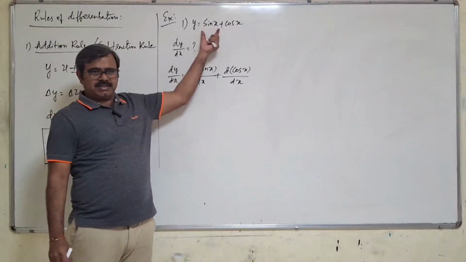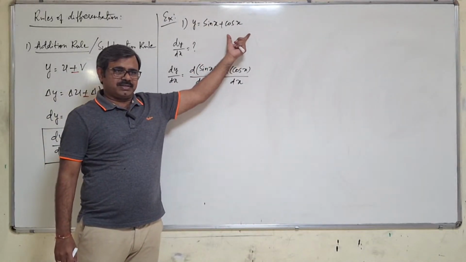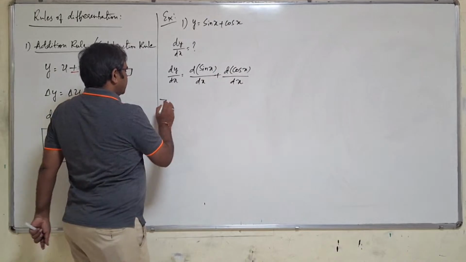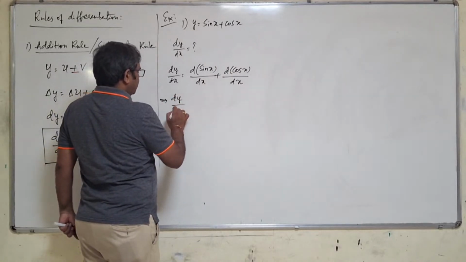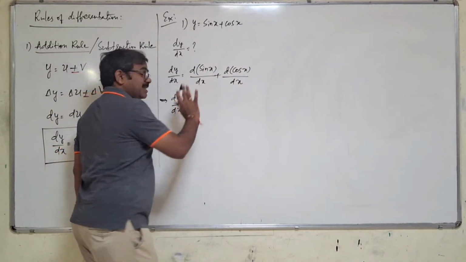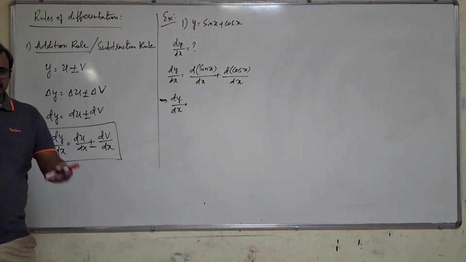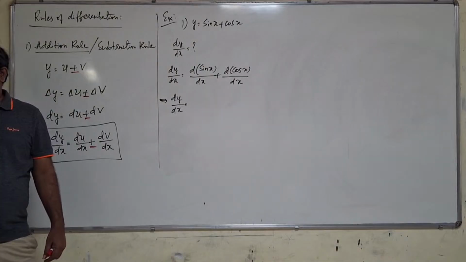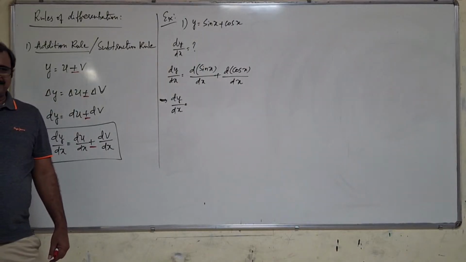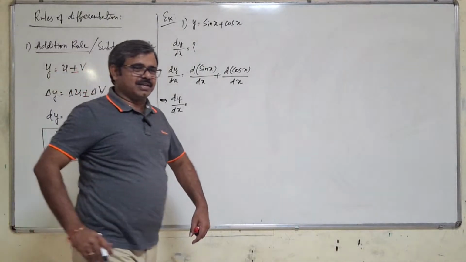Our u is sin x and v is cos x. We know the formula dy by dx is equal to, what is d sin x by dx formula? What is d sin x by dx equal to?